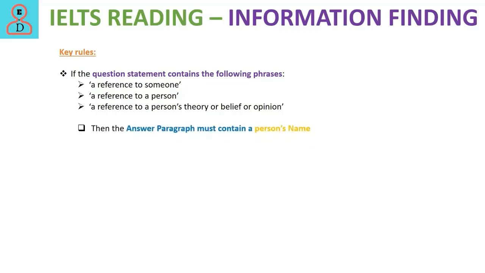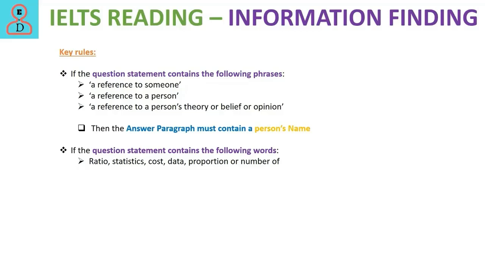Second rule is, if the question statement contains the following words or phrases: ratio, statistics, cost, data, proportion, or number of, then the answer paragraph must have a numerical value, which means some sort of number.